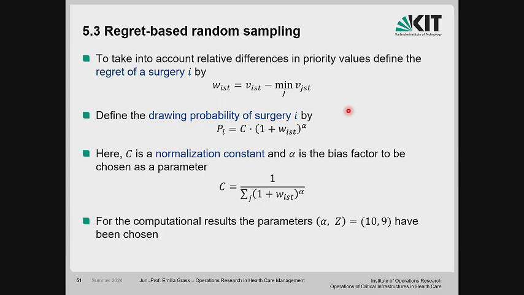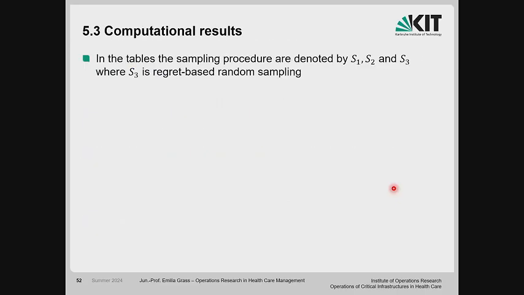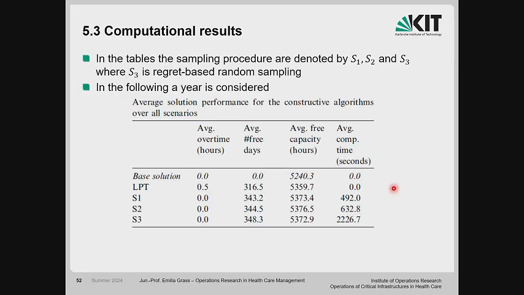So let's have a look at an example. We have an alpha of 10, and a Z of 9, so I will always choose 9 patients from our list. And the computational results are as follows. First of all, we have some sampling procedures, and the last one is the regret-based random sampling.